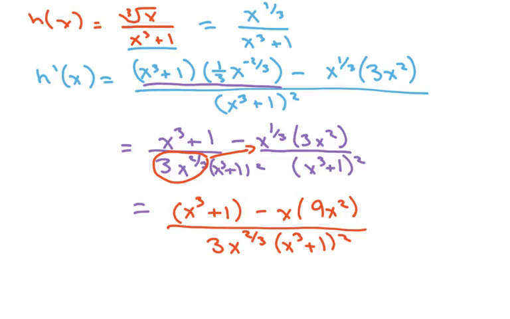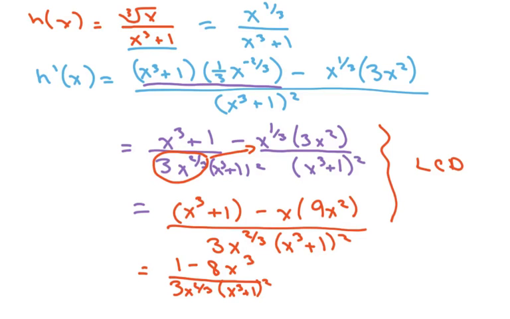And then cleaning it up further, this is equal to 1 minus 8 x cubed over 3x to the 2/3 times x cubed plus 1 squared. Remember, we did this part in here because we wanted to use our least common denominator.